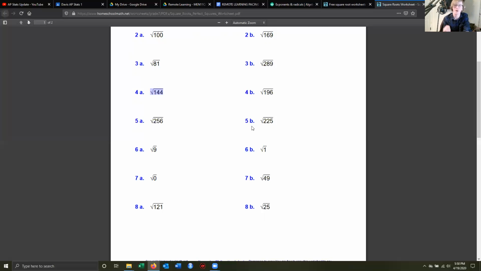There's not one whole number. Now there is a number, there's a decimal. The square root of 13 is probably something like 3.7 something, somewhere like that. But we're talking whole numbers. A perfect square has a whole number that you can multiply by itself to get that product. A non-perfect square does not. It'll have a decimal or a fraction, however you want to think about it.